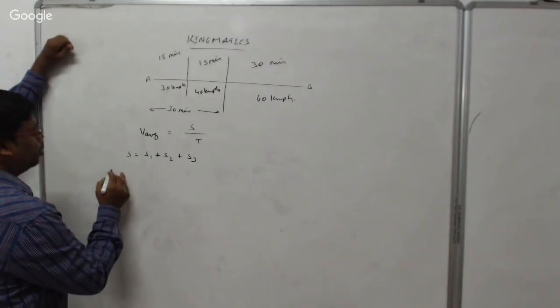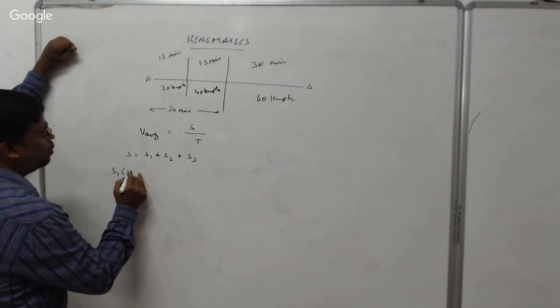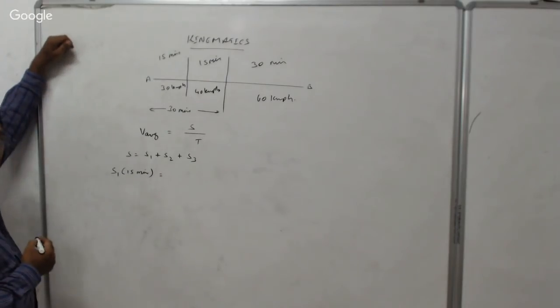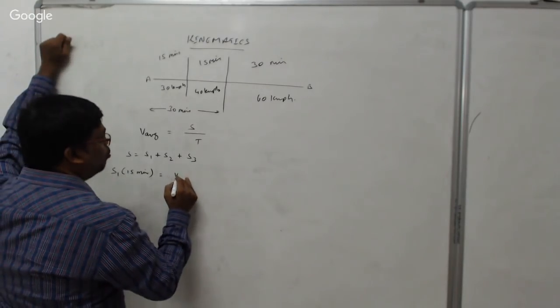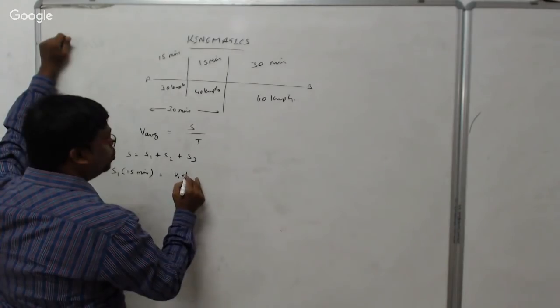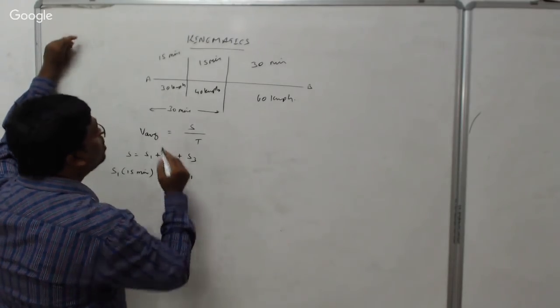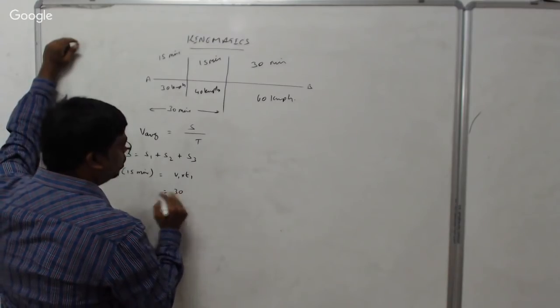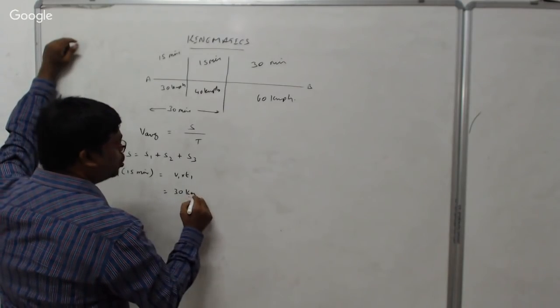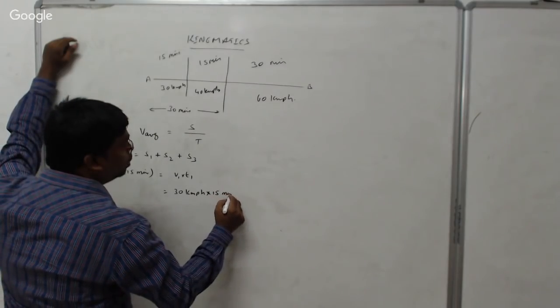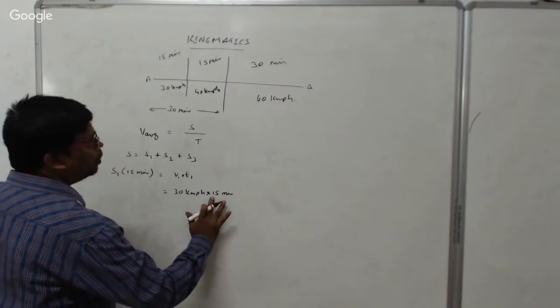Okay? Distance traveled in first 15 minutes is equal to V1 into T1. That is, what is V1? 30 kmph into time 15 minutes. What do you mean by 15 minutes?